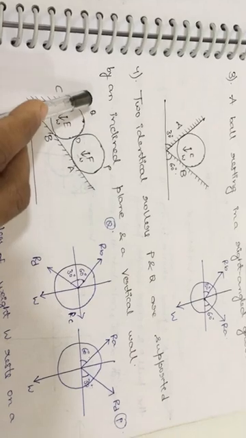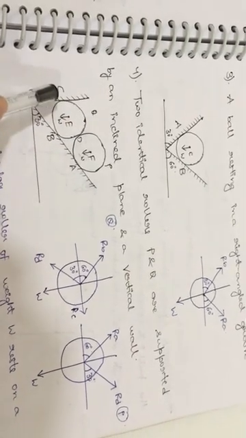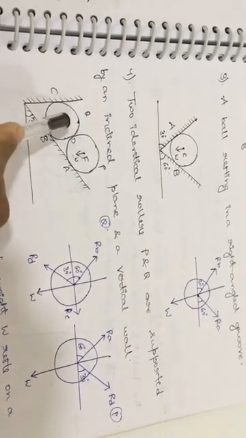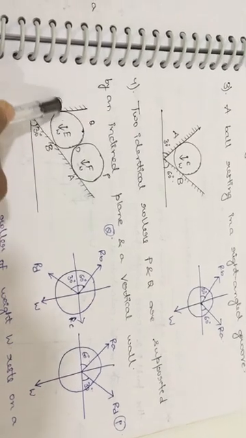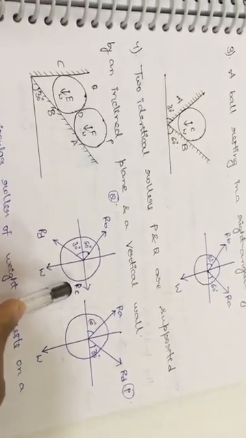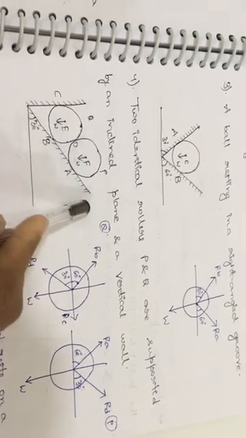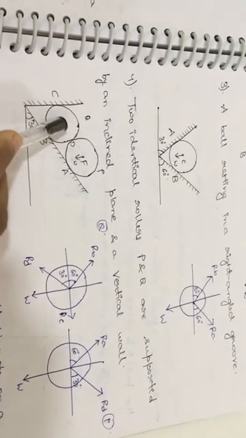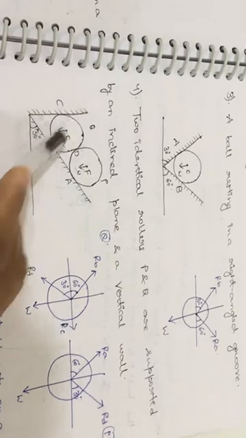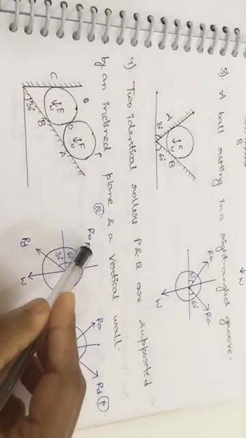So now we will draw the free body diagram reaction forces. Now here coming to the first support. So this vertical wall is acting on the Q roller in this direction. So towards the positive X direction you will get the RC force. Next, here the inclined plane is acting on the Q roller in this direction. So in this direction, that reaction force will project towards the second quadrant.